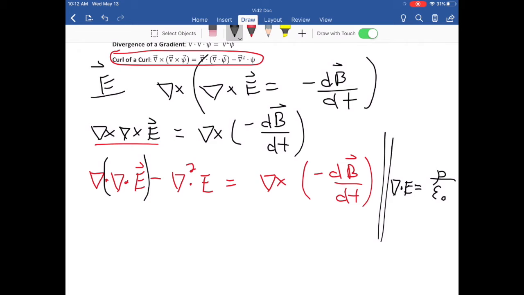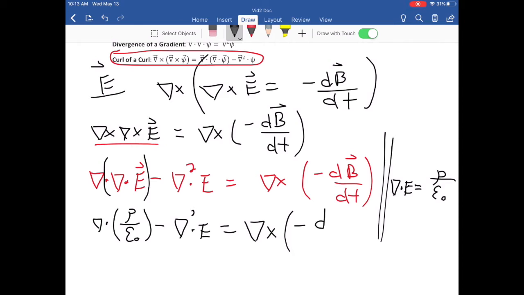So subbing in rho over epsilon naught, we can afford the following: del dot quantity rho over epsilon naught minus del squared E, which is equal to the right-hand side of the equation, which is del cross quantity, the negative derivative of the magnetic field with respect to time.